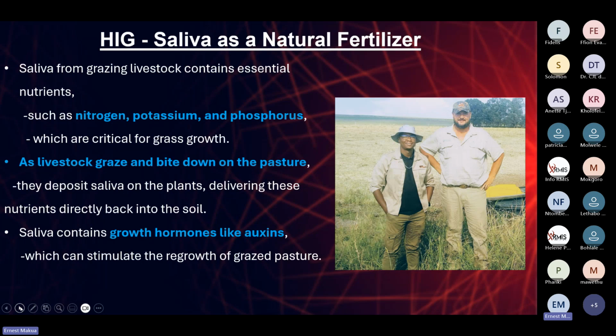So under high intensity grazing, you're going to have high availability of saliva in close compact, meaning there's going to be high stimulation of growth, because as the cattle graze the grasses, they leave saliva on the grasses, which contains the nitrogen, potassium and phosphorus, which in return will stimulate the growth of the grasses.